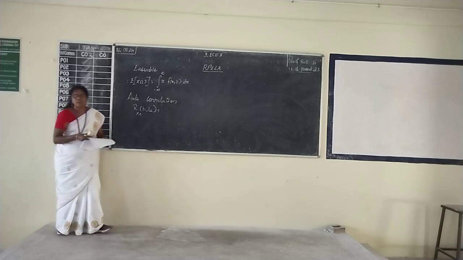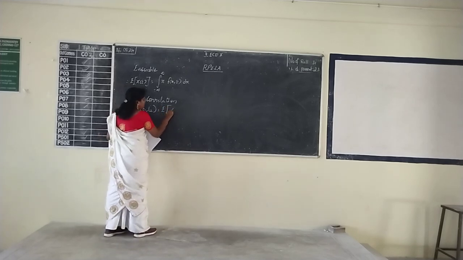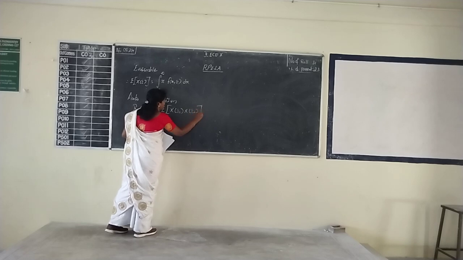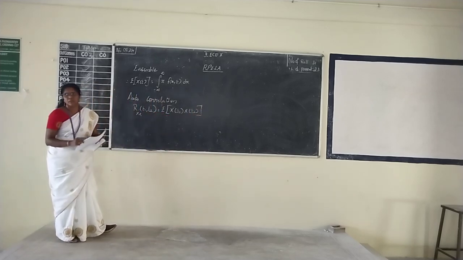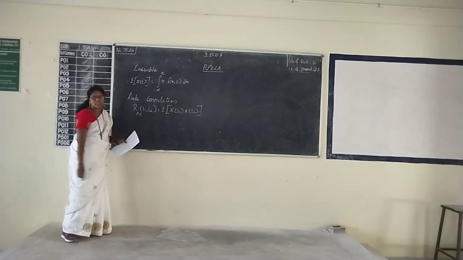Okay, for the formula, this is equal to expectation of x of t1 into x of t2. Here we will take the help of double integration because you are going to discuss two variables.